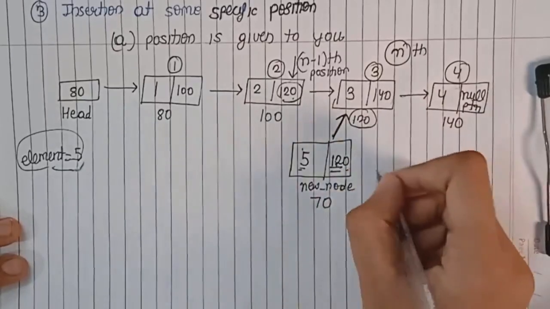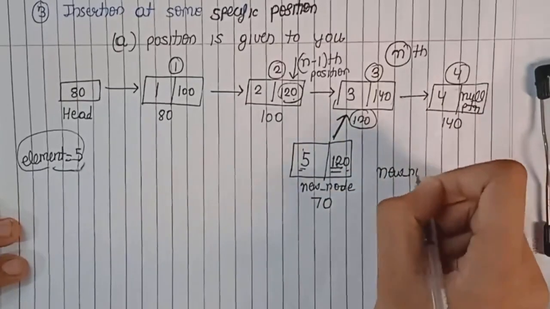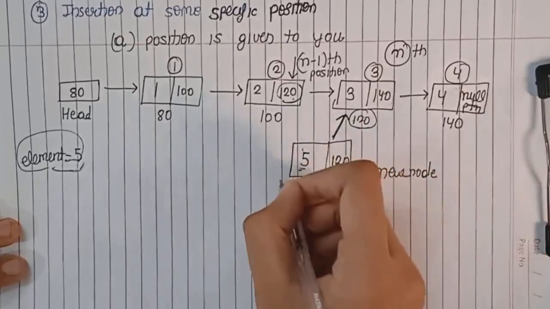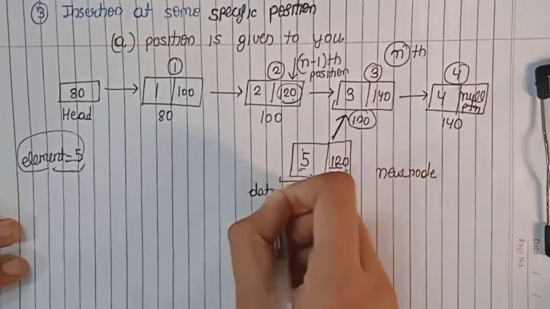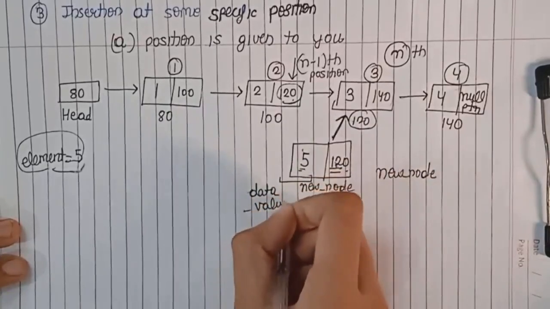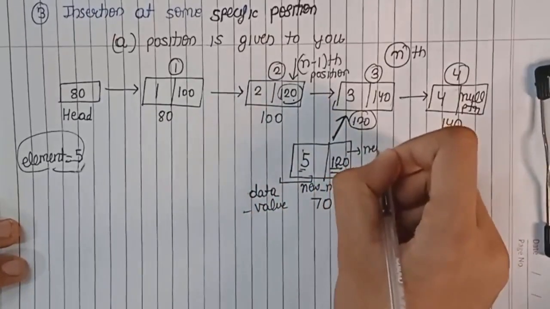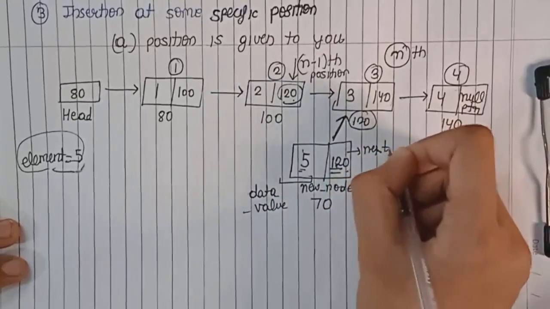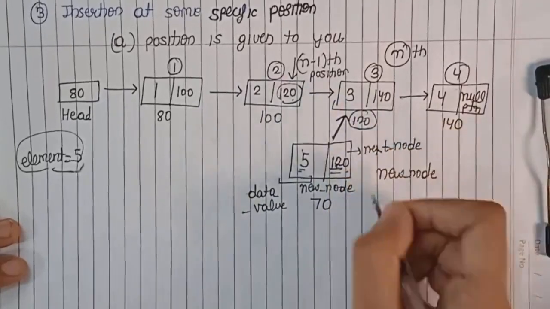I can just do it by writing, because I know that this is the data value part and this is the next node pointer of the new node.